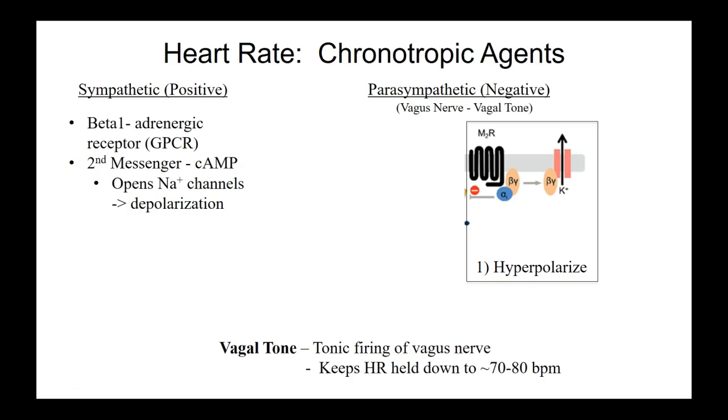Okay? The cell responds by trying to make more receptors available for the sympathetic nervous system to bind, so it puts more of the receptors on the surface of the cell. So we say that beta receptor gets upregulated. Okay? So rather than having 100, maybe now we have 200 beta receptors on the cell.